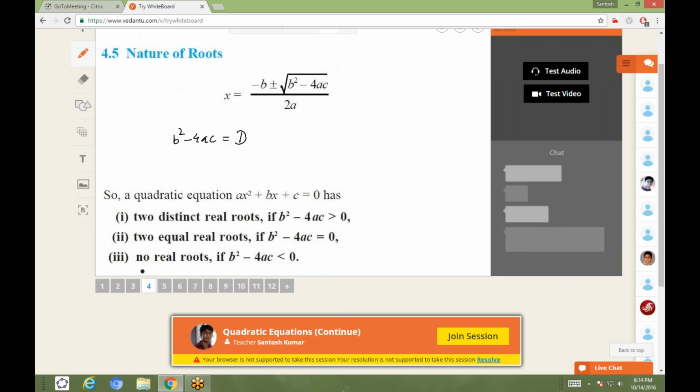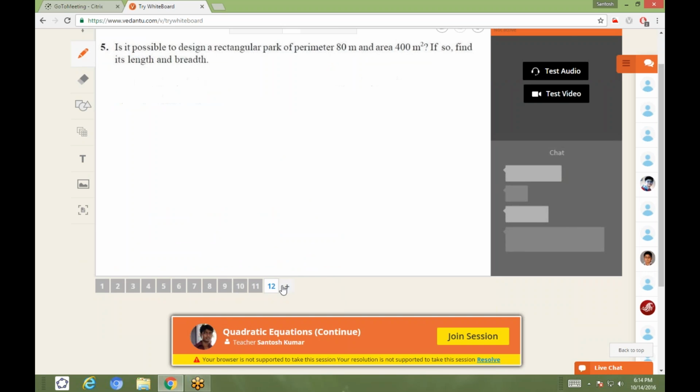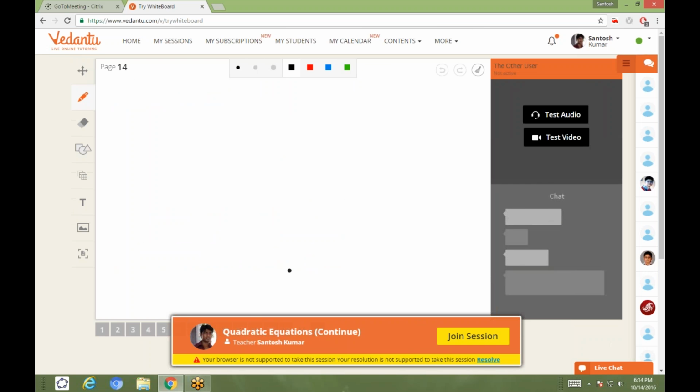We'll solve one problem here. Let's solve this problem: 6x square minus x minus 2. If you compare it with the quadratic equation, the value of a is 6, the value of b is minus 1 and the value of c is minus 2. So what will be the discriminant here?